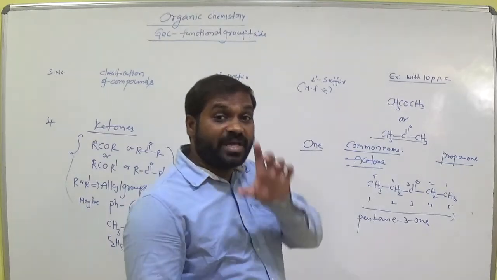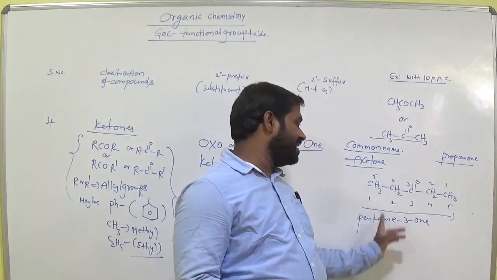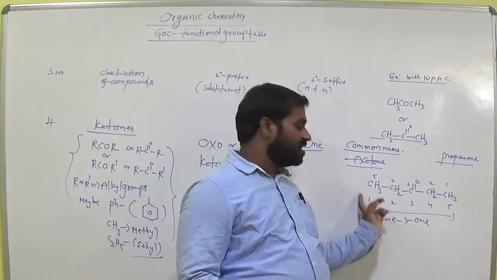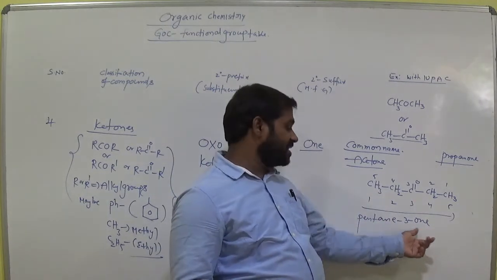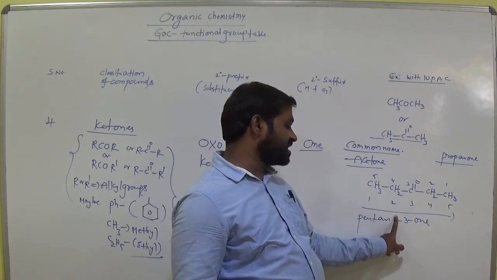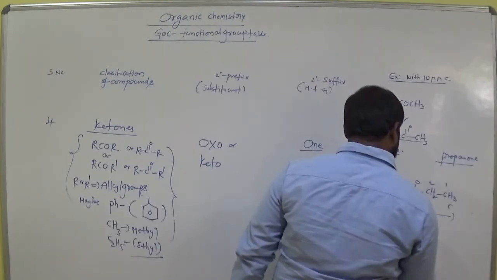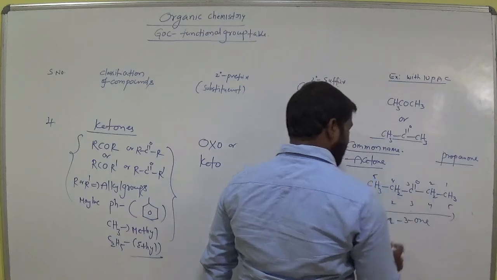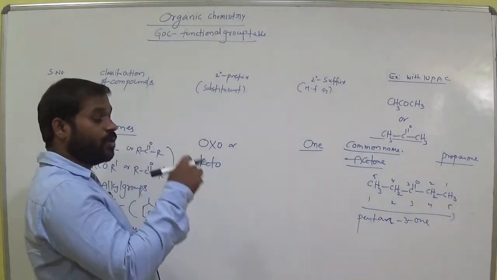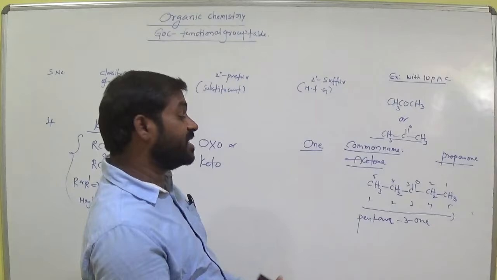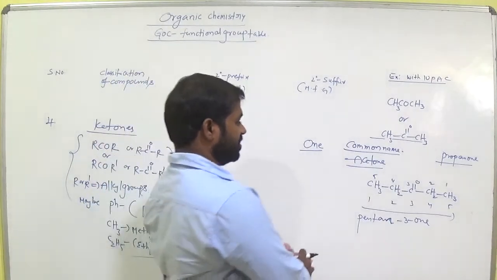The keto group is present at the third carbon. Remove this e, like in alcohols, according to IUPAC rules. Pentan-3-one. Is it clear, students? Why is it 3? Because the ketone is present at the third carbon. So pentan-3-one.